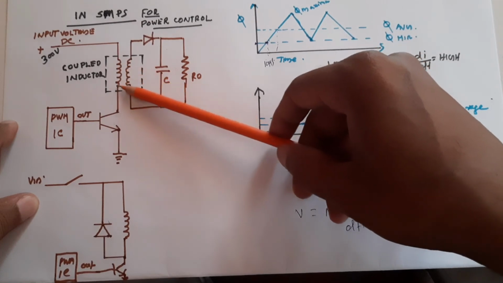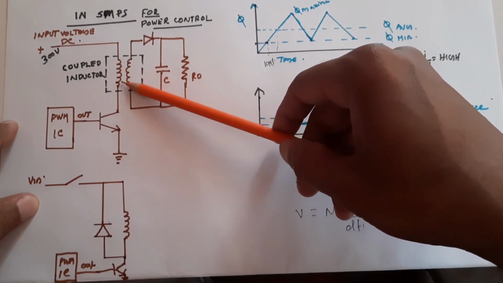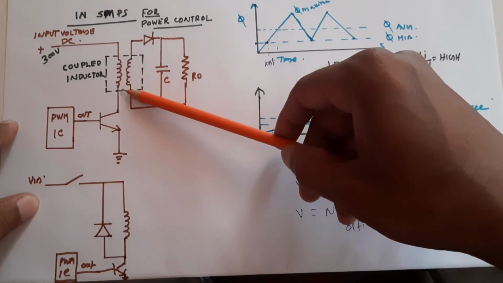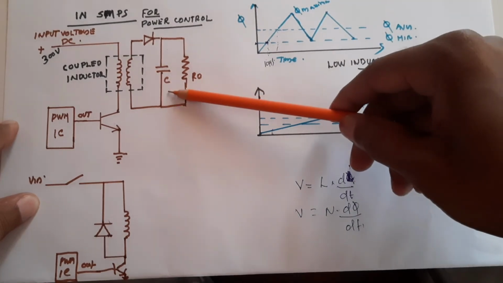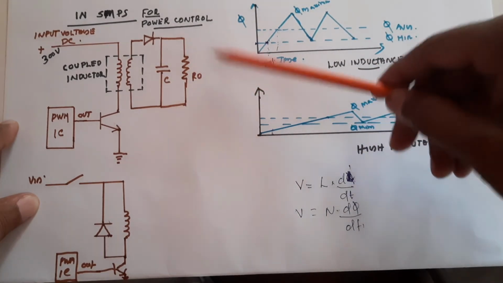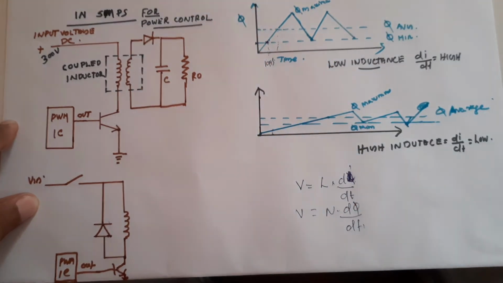Or if we use fewer turns, the inductance is low, so more flux can be stored in a short time and more power can be delivered to the output. This is one use of the inductor in electronic circuits.